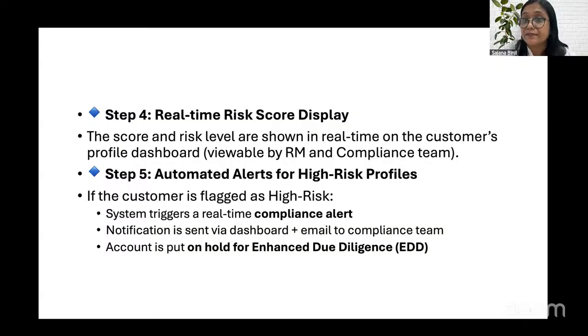How cool is that? So you see, all of this is removing the delays where the compliance team has to pick up a respective file and then flag it for enhanced due diligence. The time taken is just a few seconds, as it passes from one layer to the other.